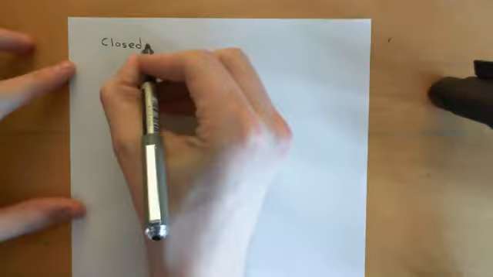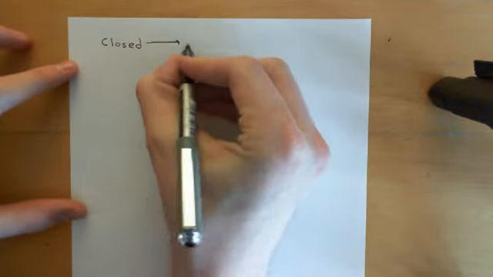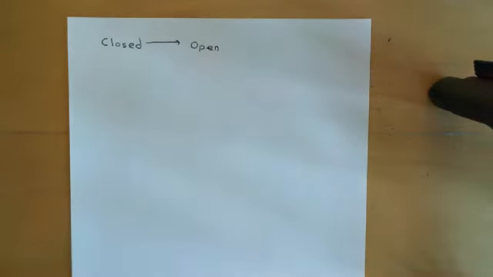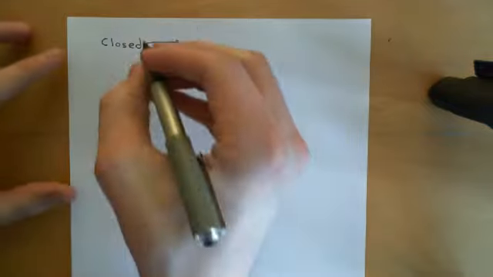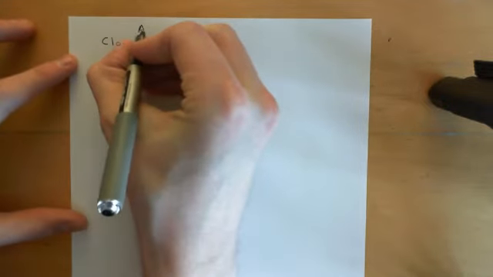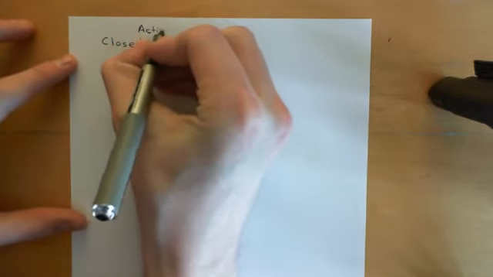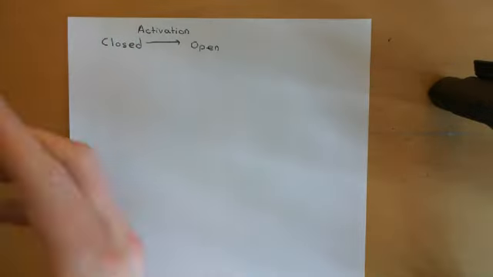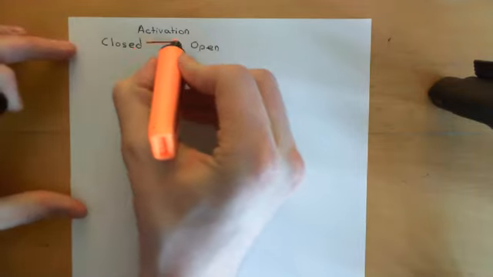We know that the closed state can be induced to go into the open state, where the S6 helices are no longer impeding the internal aspect of the pore, and you also don't have anything else impeding the pore, and this is done by depolarization. A key piece of terminology here: this process of taking it from the closed state to the open state is called activation.